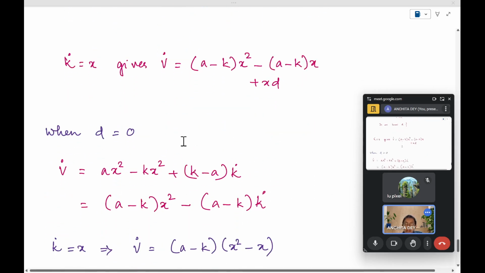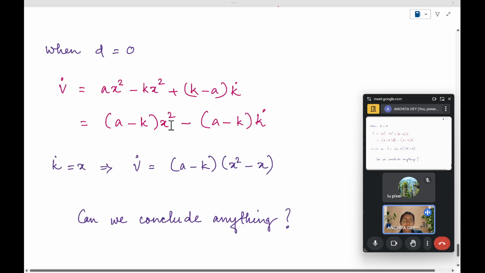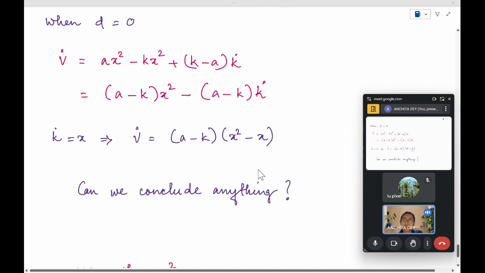But if we have d equal to 0, in that case your V dot becomes (a minus k) x square minus (a minus k) k dot, and because d is no longer here, if you put k dot equal to x, of course it makes not much sense because you have x square minus x here.